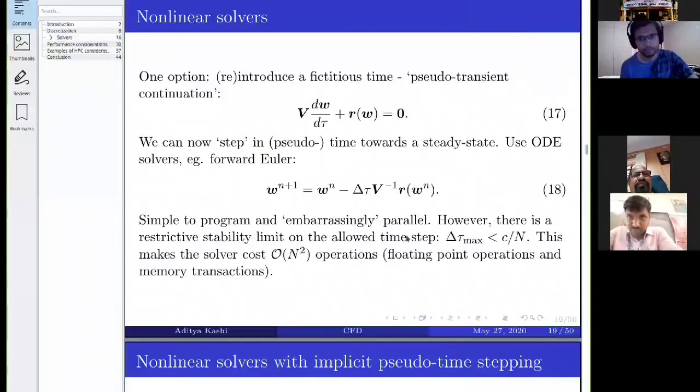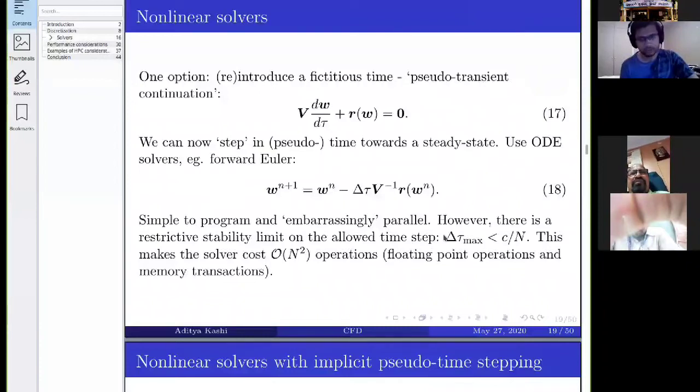Every cell can be dealt with independently, and we just implement this, which is pretty simple.